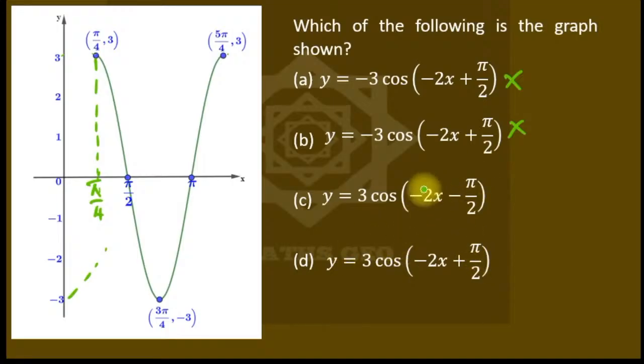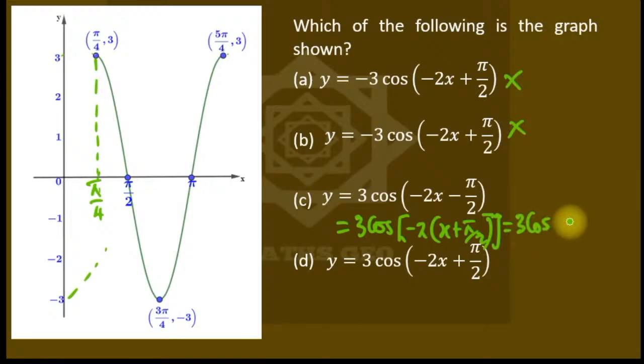The coefficient of x here, that's k, is negative. So I need to write this as 3 cos. We can bring out this negative 2, this is x plus pi over 2. Remember I told you that the negative sign in cosine of a negative angle is neglected. So this is now 3 cos 2 bracket x plus pi over 4.